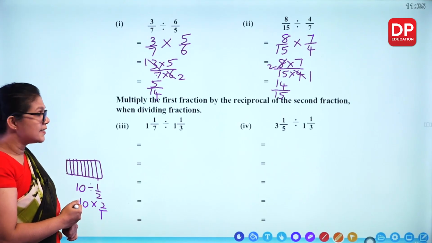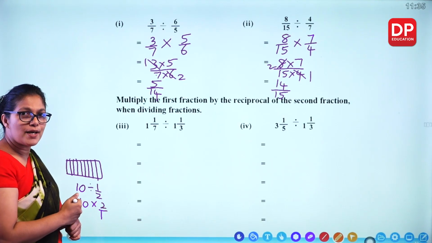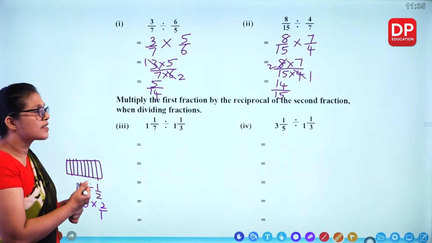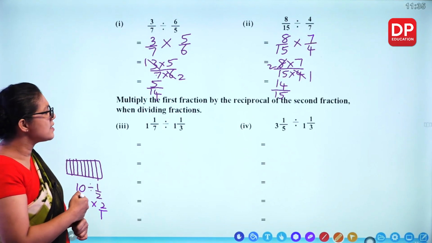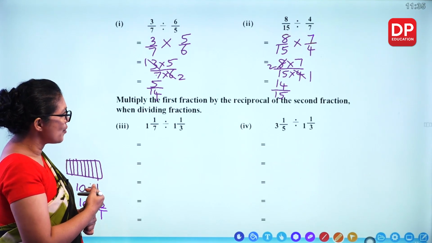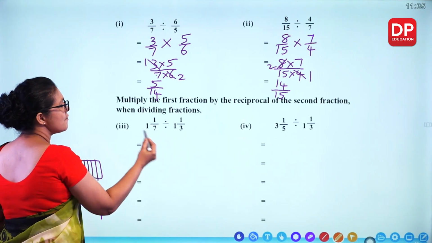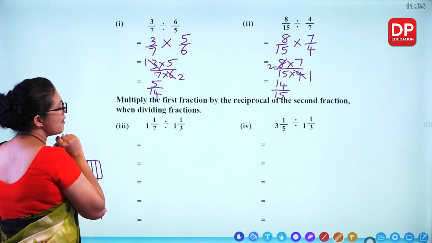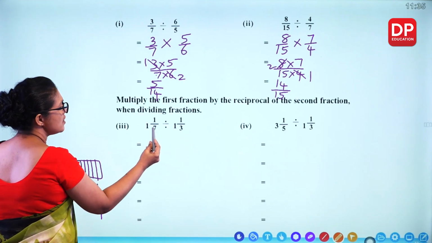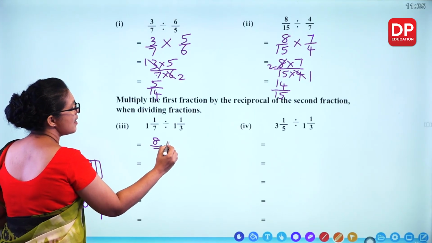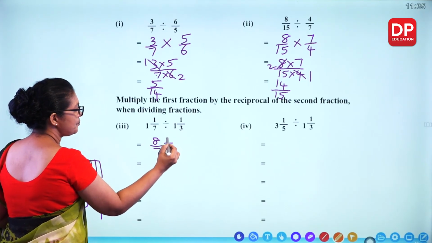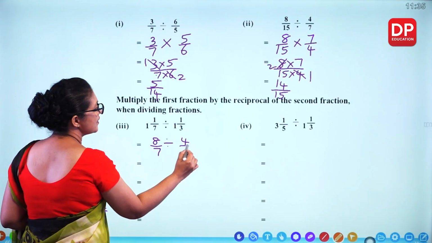Now what happens when you get mixed numbers? First convert to improper fractions, and then do the multiplication by the reciprocal. Convert to top heavy fraction or improper fraction. 7 times 1, 7, 7 plus 1, 8/7. And here 4/3.